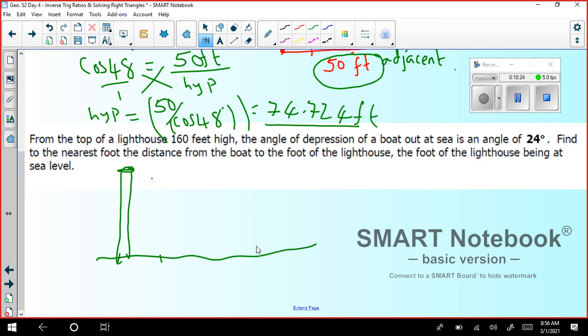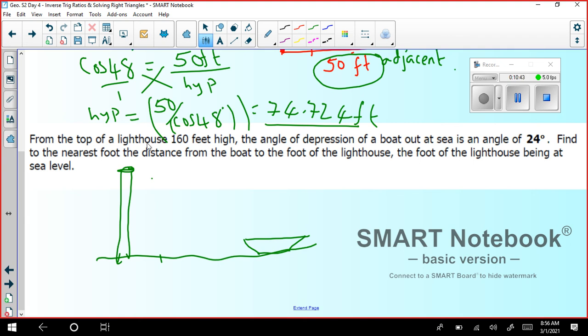And there is a boat over here. I'm not that good at drawing, but try to give some justice to this.